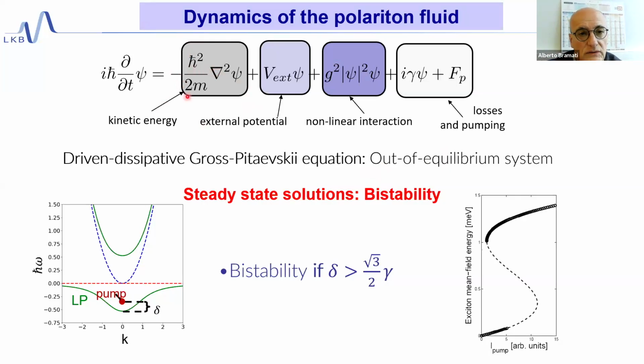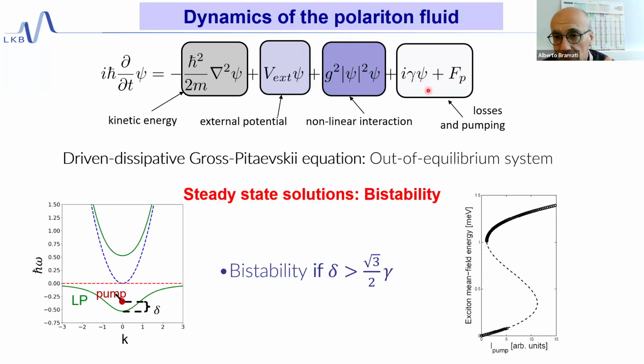The first term describes the kinetic energy of the fluid. This term here describes the presence of an external potential, which could be useful to model the presence of an obstacle on the flow of the polariton fluid. This is the very important term which describes the nonlinear polariton interaction, which is proportional to the polariton density.